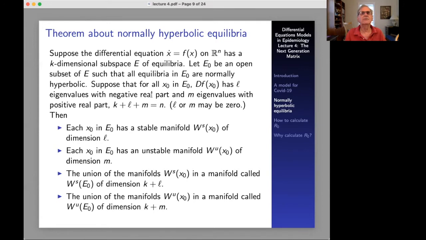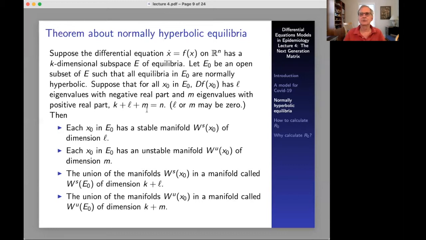And we'll suppose that for all x naught in E naught, df at x naught has L eigenvalues with negative real part and M eigenvalues with positive real part. One of those numbers might be zero. And of course, we'll have K plus L plus M equals N, the dimension of the space, because all of the eigenvalues are either the K eigenvalue 0, the L eigenvalues with negative real part, or the M eigenvalues with positive real part. That's what would happen at a normally hyperbolic equilibrium.